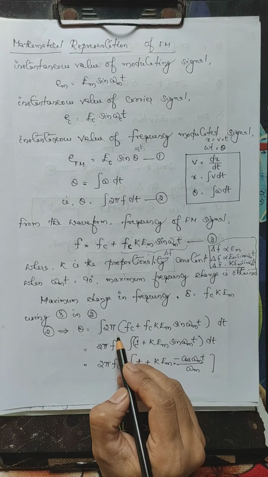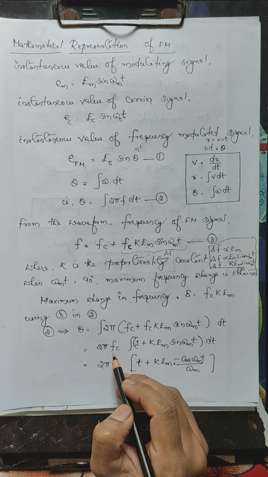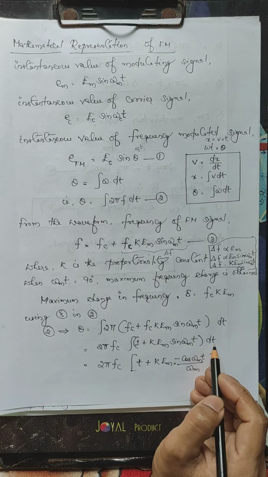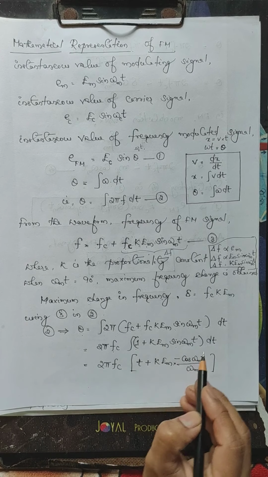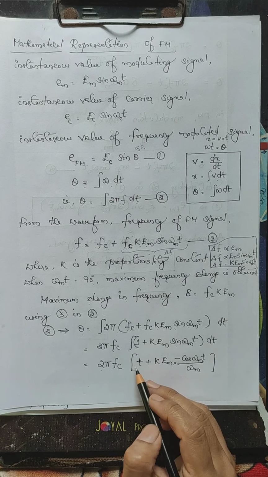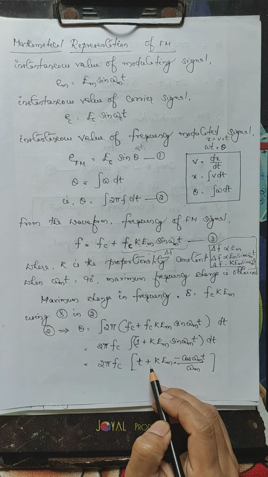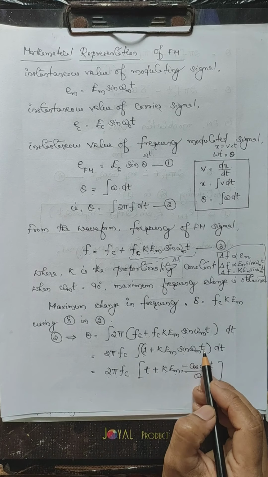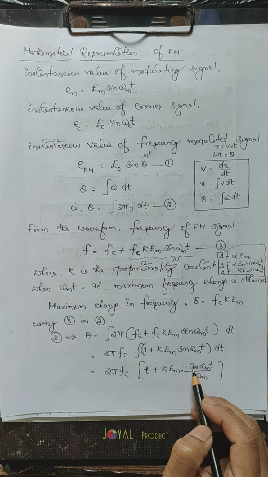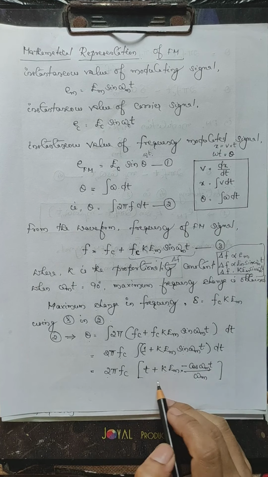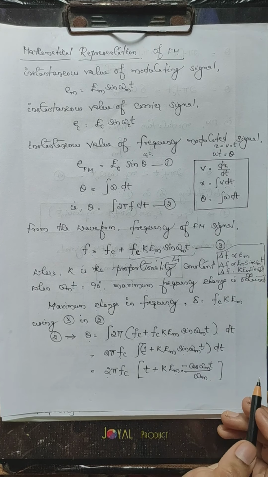Taking fc as common, we get 2 pi fc into 1 plus k Em sin omega mt, dt. Now integrate this term: 2 pi fc into the integral of 1, which is t, plus k Em, a constant, into the integral of sin omega mt, which is minus cos omega mt divided by omega m. So this is the value of theta.